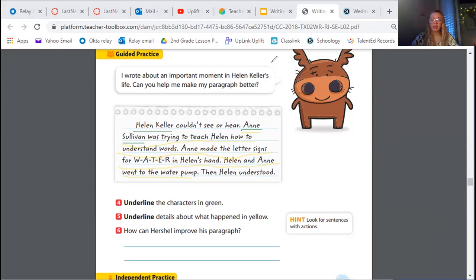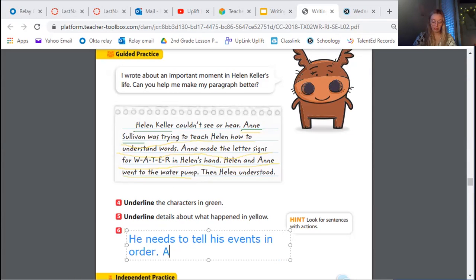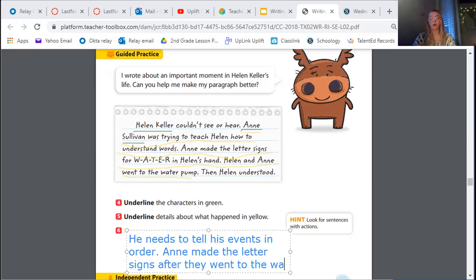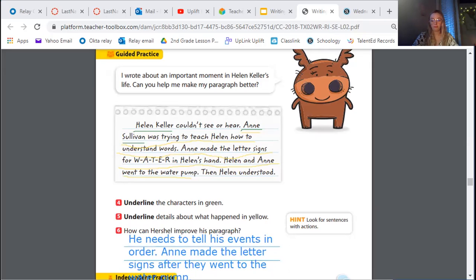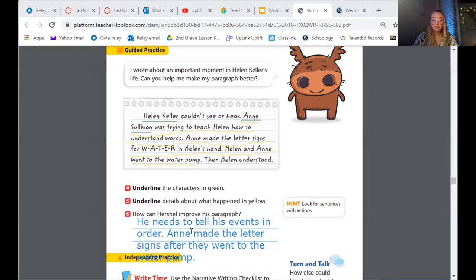So we can write here, we're going to say he needs to tell his events in order. Anne made the letter signs after they went to the water pump. Oops.